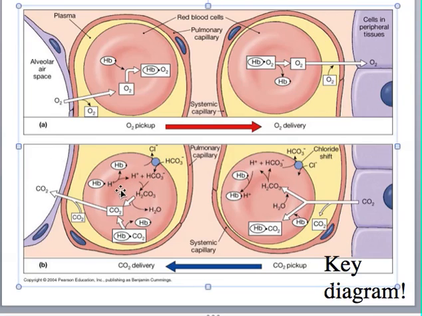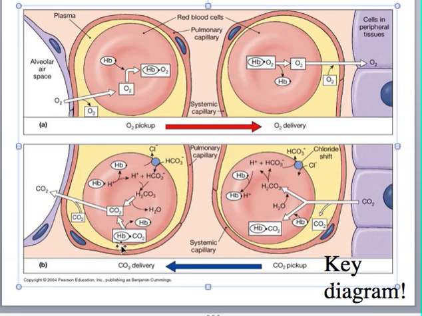Remember, we've got a difference in CO2 levels between the air and the blood, so the CO2 is going to diffuse out. But at first, this bicarbonate ion has to be taken in and moved back through the equation, and the CO2 is then released into the alveolus.